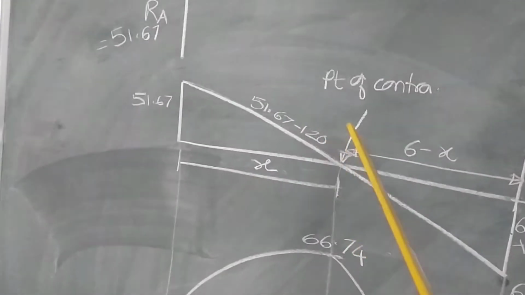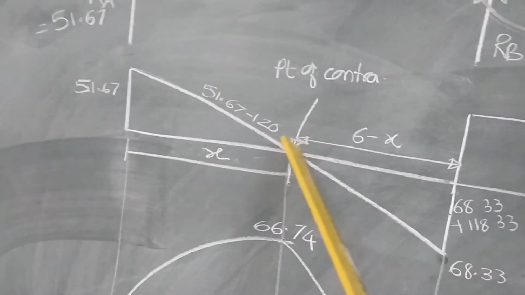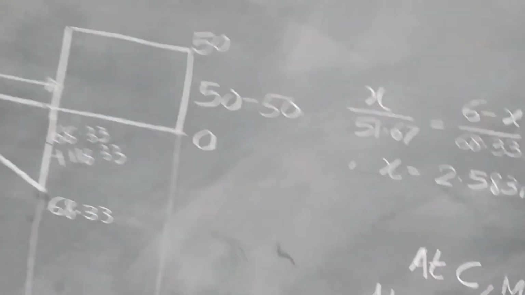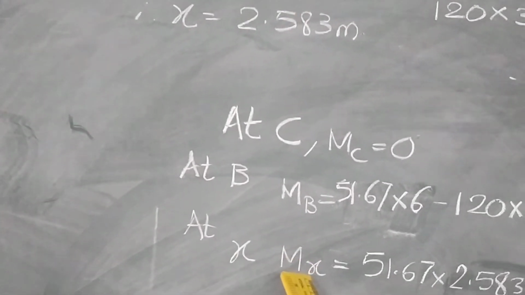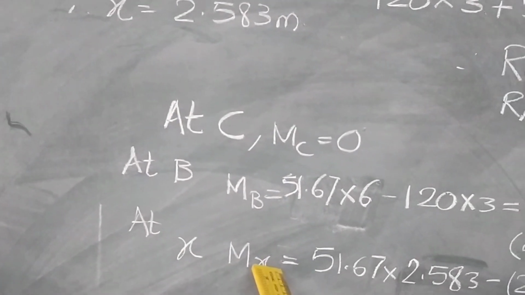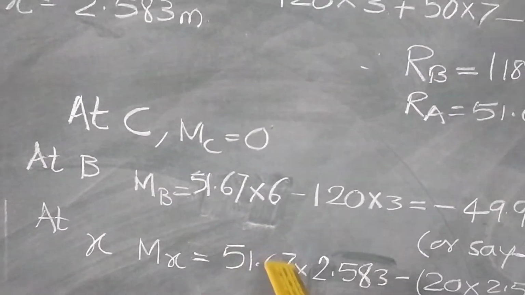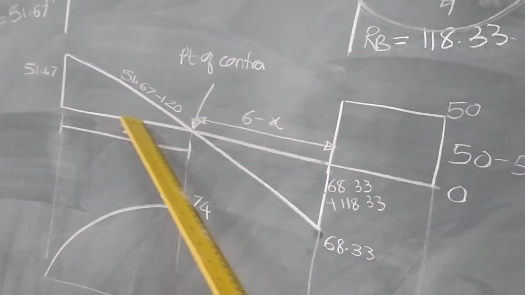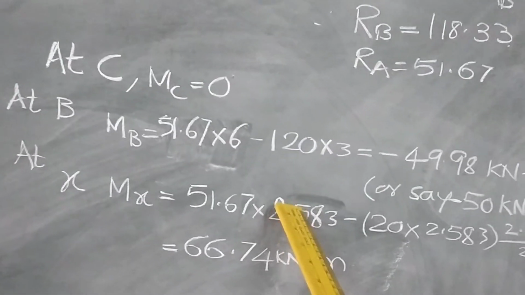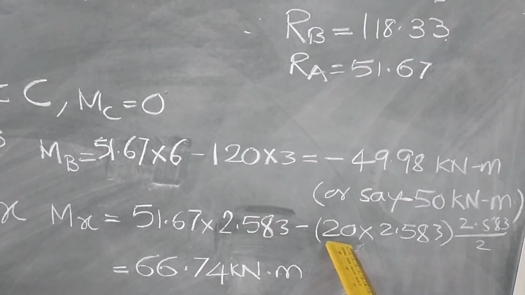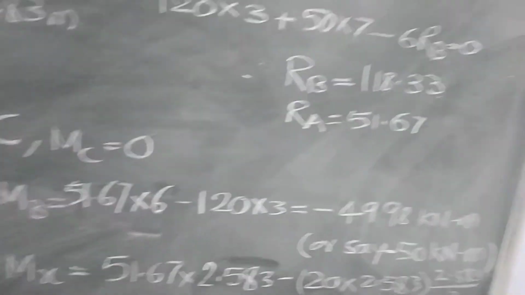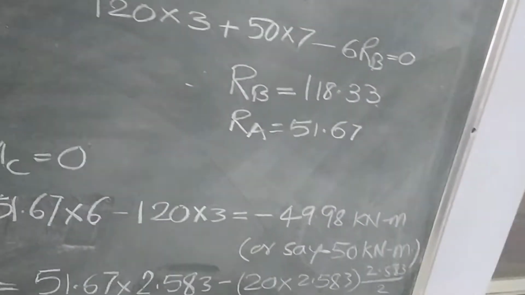Now, at the point of contraflexure, where bending moment is maximum, let us say at x. So at x, maximum bending moment Mx equal to 51.67 into 2.583 minus 20 into 2.583. Why? This is the intensity of UDL.